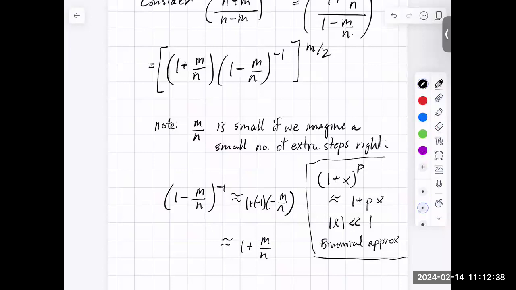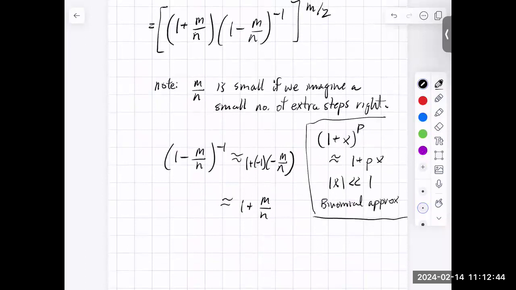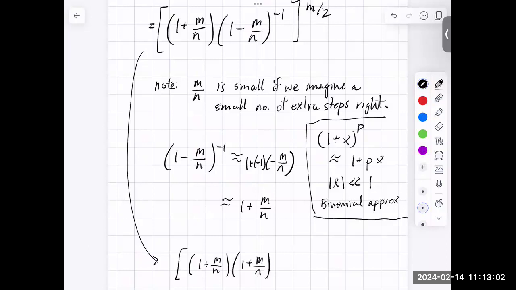Okay, so that means if we make that approximation, what we have is 1 plus m over n. And then we made this approximation for the second factor. It's in fact just 1 plus m over n again.